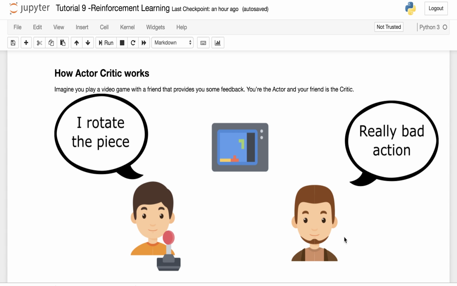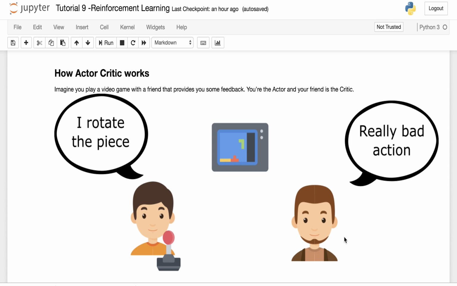You have two nets: one calculates your reward, and the other tells you if you made a good choice or a bad choice, and if it's a bad choice, you fix it.